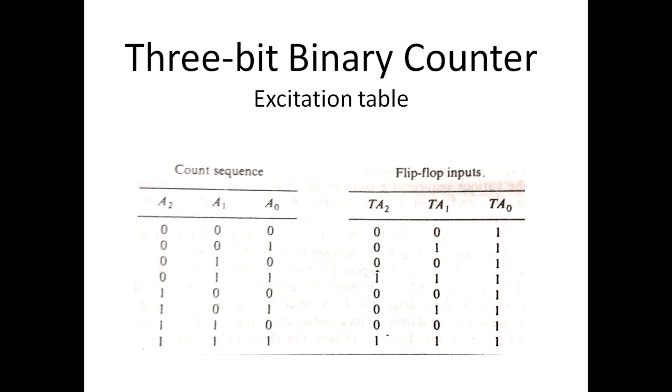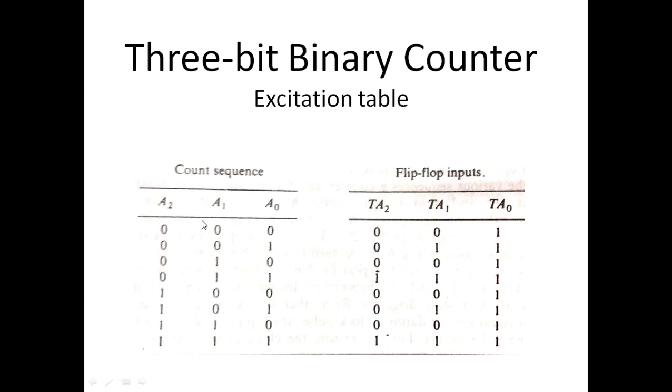Here we have the excitation table for the 3-bit binary counter. On the left-hand side, we have the sequences that we want to be shown by the circuit. The 3 bits are represented as A0, A1, and A2. The starting state is 0,0,0, then it moves to 0,0,1, until 1,1,1, and then it repeats.